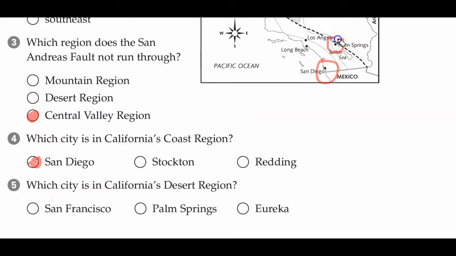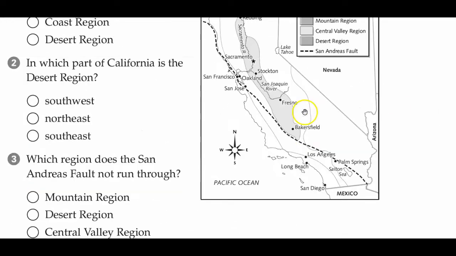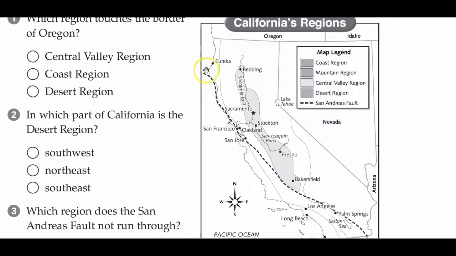Right here, look, Palm Springs. San Francisco is in the coast. And I think Eureka is in the mountain one. Let's see. Oh, Eureka is also in the coast too. See, here's the Pacific Ocean. Eureka's right here. By the way, trivia answer, Eureka means I found it.